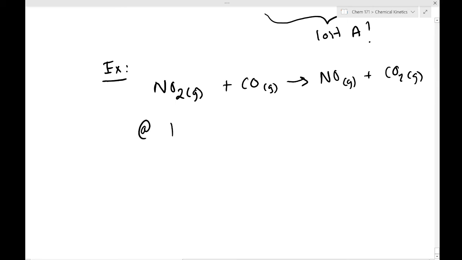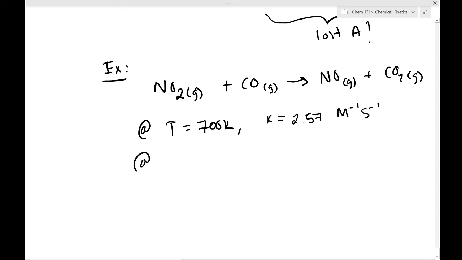So at temperature equal to 700 Kelvin, we measured a rate constant equal to 2.57 per molar per second.